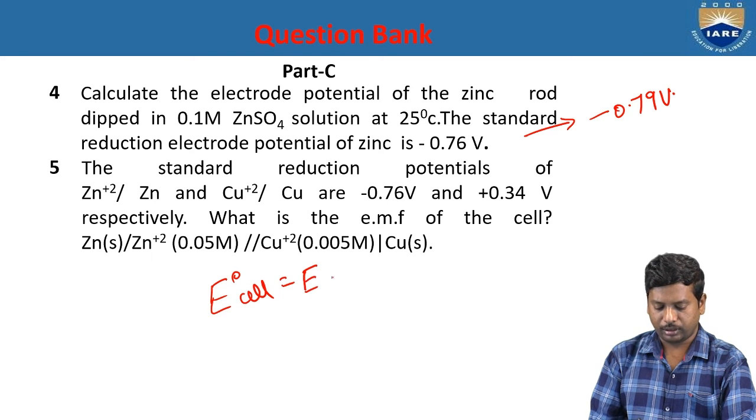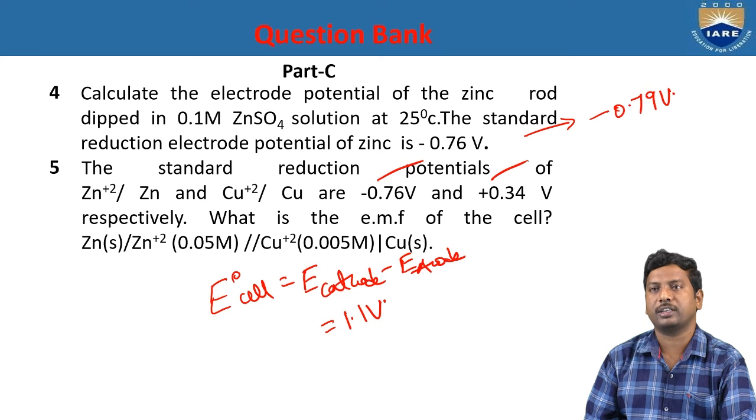Apply the formula at cathode and anode. We got the value nearby 1.1 volts by substituting these two values, minus 0.76 volts and 0.34 volts.